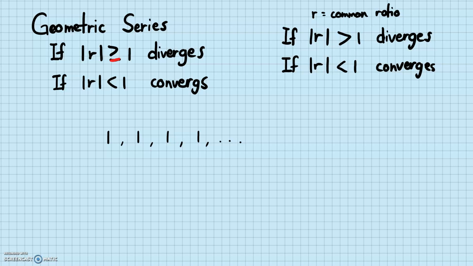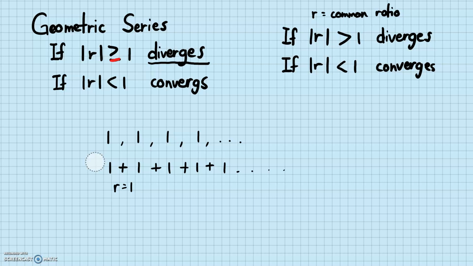It just keeps on repeating itself as 1. But as a series, if you keep adding 1 to a value, it's just going to keep getting bigger and bigger, right? So that's why if the common ratio equals 1, it's going to diverge, because you're just adding the same number over and over again.